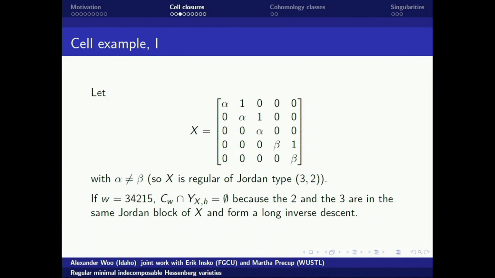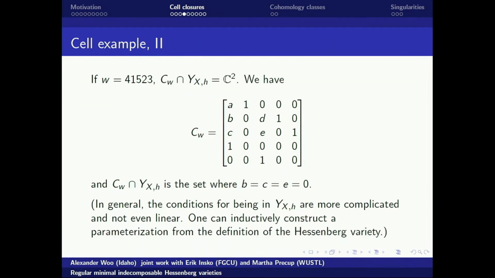Okay. Now let's see what these things look like. Let's look at this particular Schubert cell, and I have done this in columns. Okay, so 4, 1, 5, 2, 3 is the Schubert cell where the first point in the flag, depending on which way you want to think about it, is the span of the first column. Okay, and the line is the span of the first two columns, and so on. So this is the Schubert cell, which you've seen.